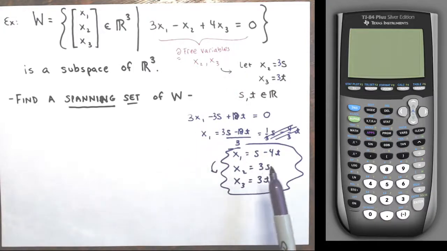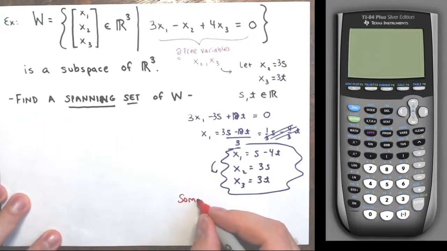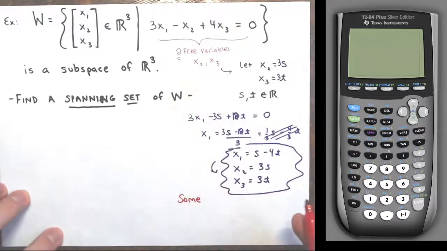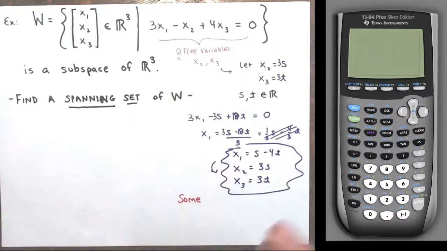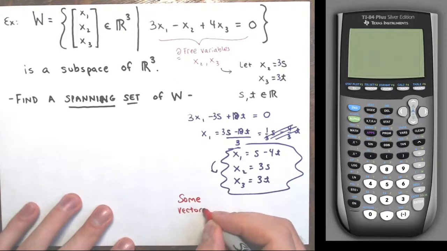And I can now show you some examples of vectors that would be in W. That's the only reason I went about solving this, because those first couple examples, those equations were really easy to solve. x1 equals x2, x2 equals 3x1, and x1 plus x2 equals 0. But when there's more variables, it's a little trickier. So here are some examples of vectors that would be in W.